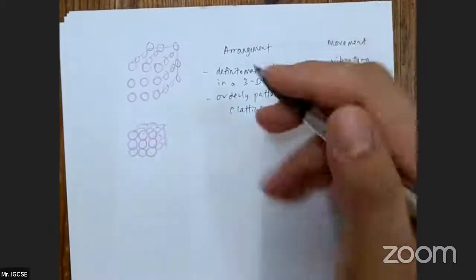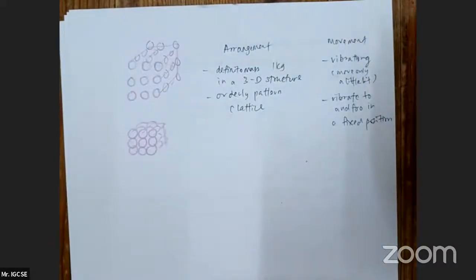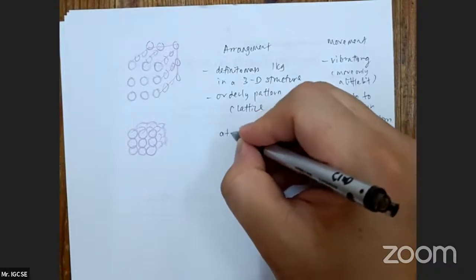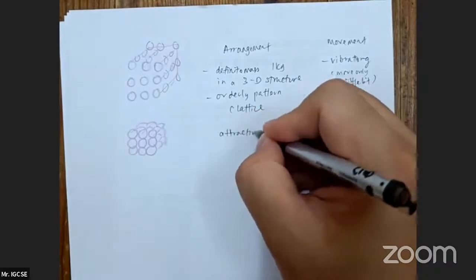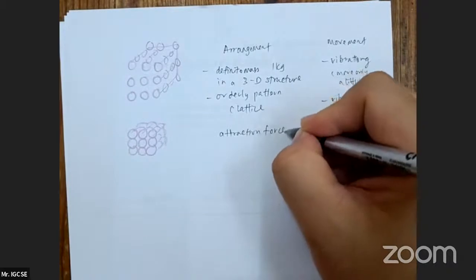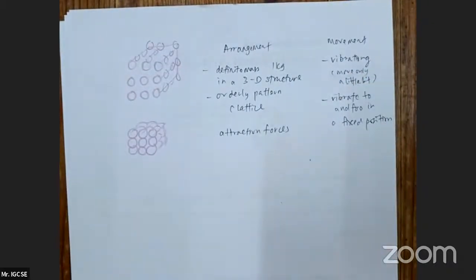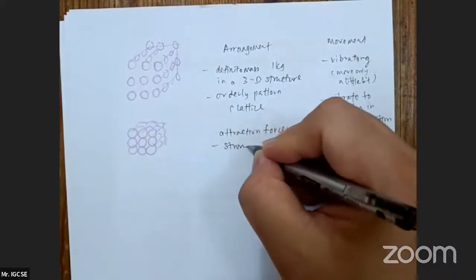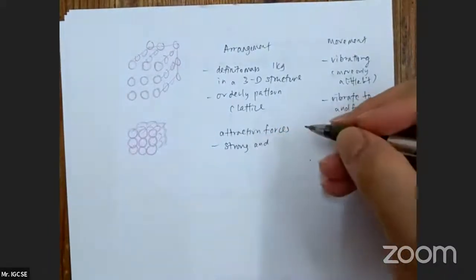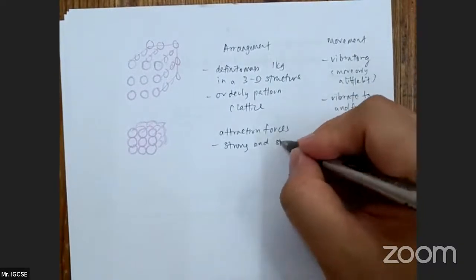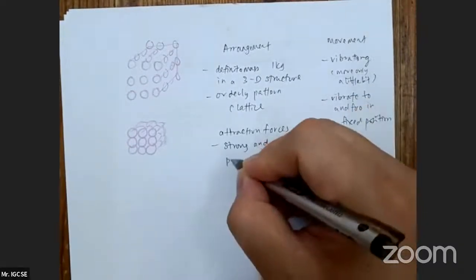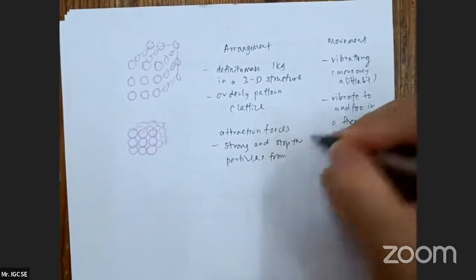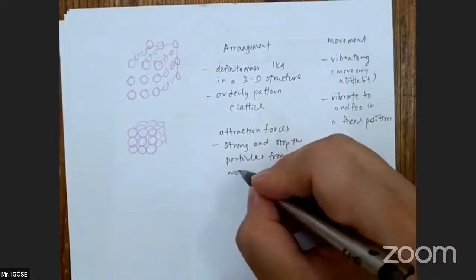Arrangement, movement, and then for Year 8 we need to learn another thing, which is called attraction force. Strong attraction force stops the particles from moving around.